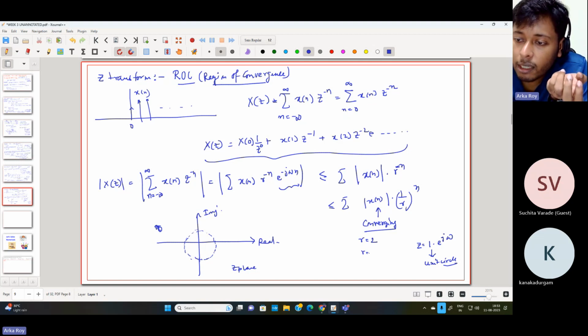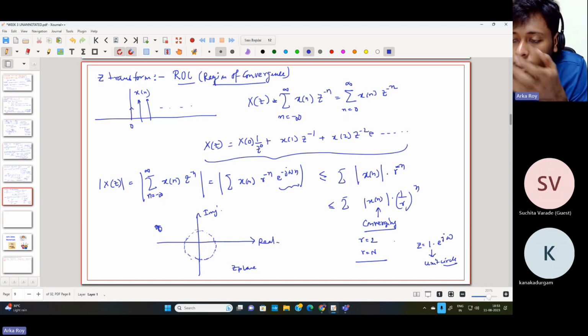Likewise, if I take any big value of R, the summation will converge. For example, if I take the limiting case, R tends to infinity, 1 by infinity will be 0 and the summation result will be 0. Therefore, the summation is converging. That means even for R equals infinity, the summation is converging.